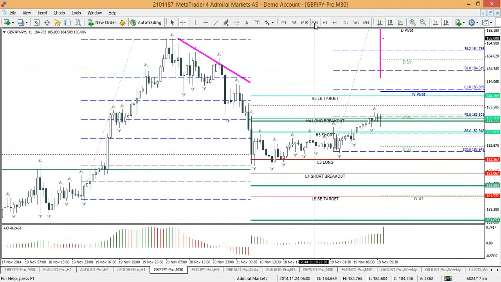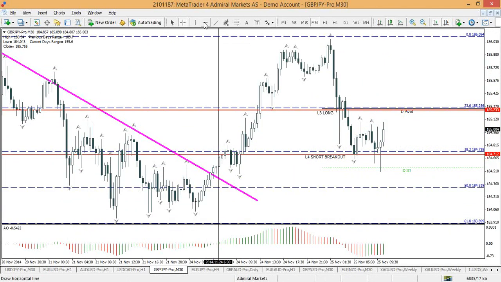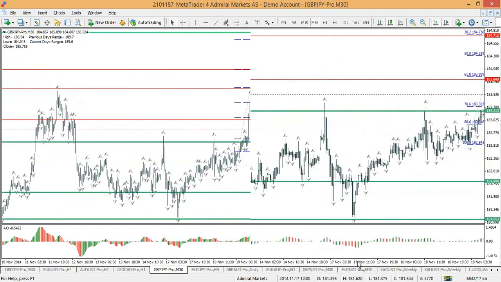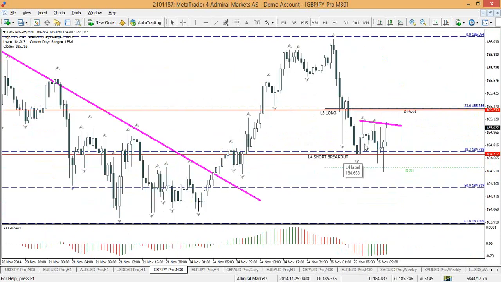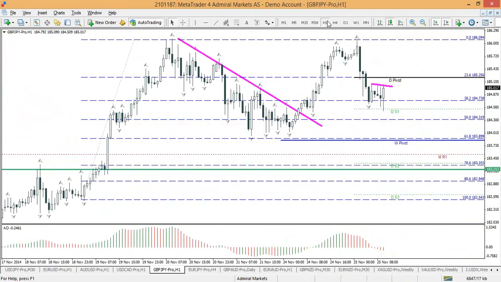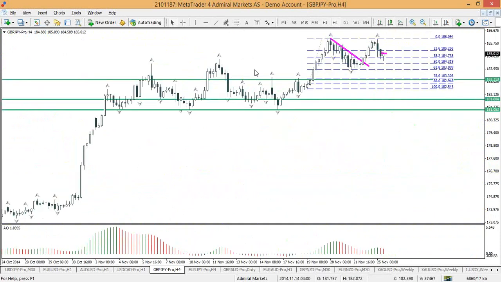It doesn't have any trend lines to break, but maybe this one, in fact. But I wouldn't be surprised if a break to the upside here. I took yesterday long, in fact, on the pound yen as well.